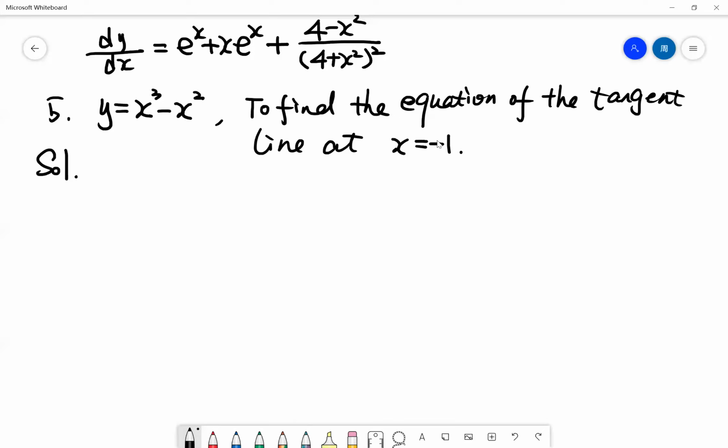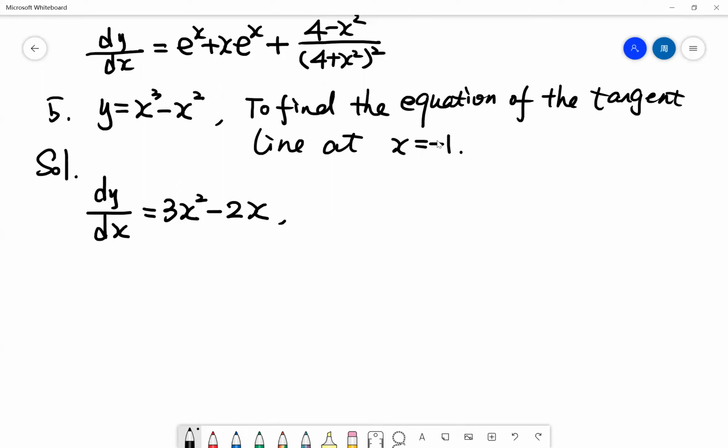So first, we get the derivative of this function, that is dy by dx equals 3x^2 minus 2x. So this is the first step. We get the derivative of this function.